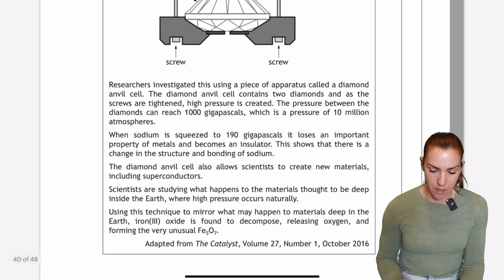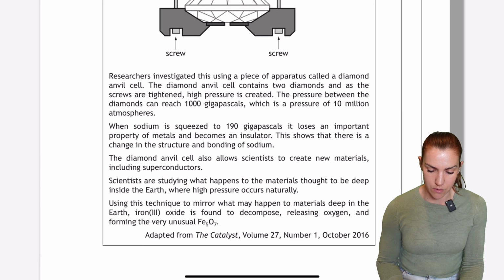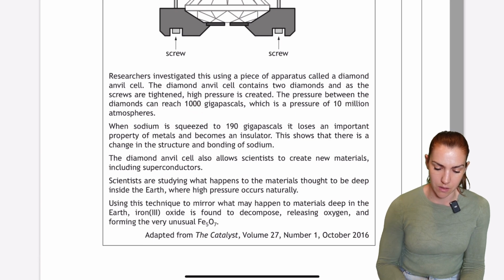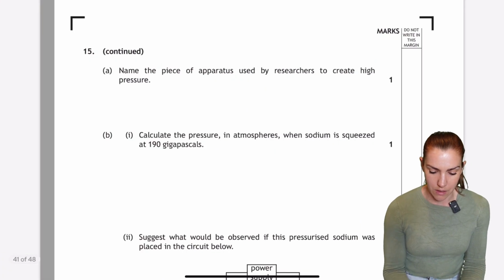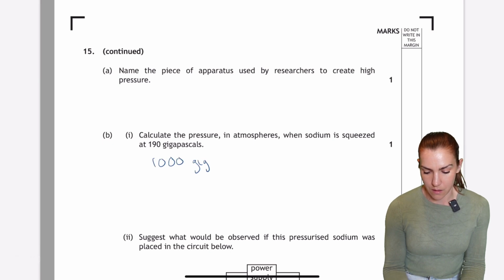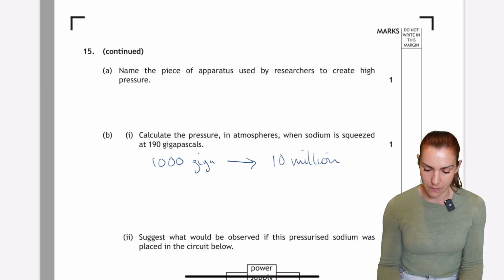So they've told us that 1,000 is 10 million atmospheres. So we're going to write that as a numerical relationship. I'm just going to write 10 million as a number rather than as a big long number. And we're wanting to work out what it would be for 190 gigapascals.